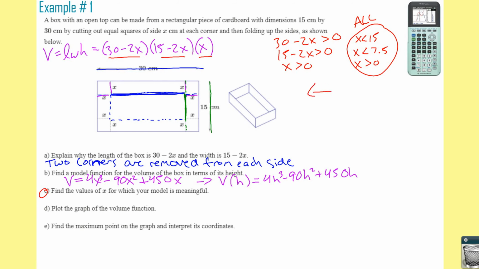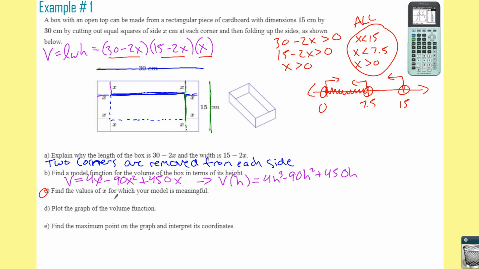So we can visualize it. Okay, 7.5, 15, and 0. So we want x bigger than 0, less than that, and less than that. The only part where all 3 of those arrows overlap is right here. And we don't want it to actually be any of those endpoints, so that's why they write the inequality.